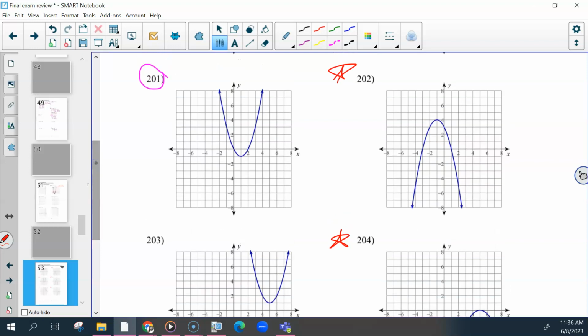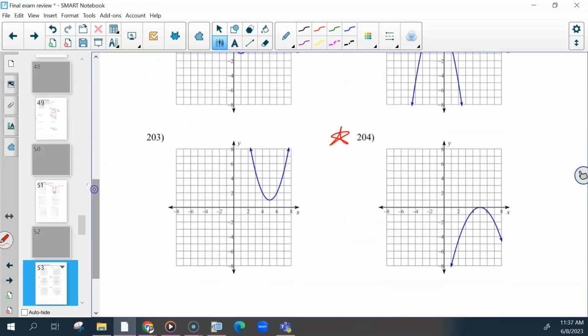We are looking for where this crosses the x-axis, and we have to write those as ordered pairs. So for 202, there are 2 of them. This would be -3, 0, and 1, 0. For 204, there's only one place it crosses the x-axis, and that would be at 5, 0.